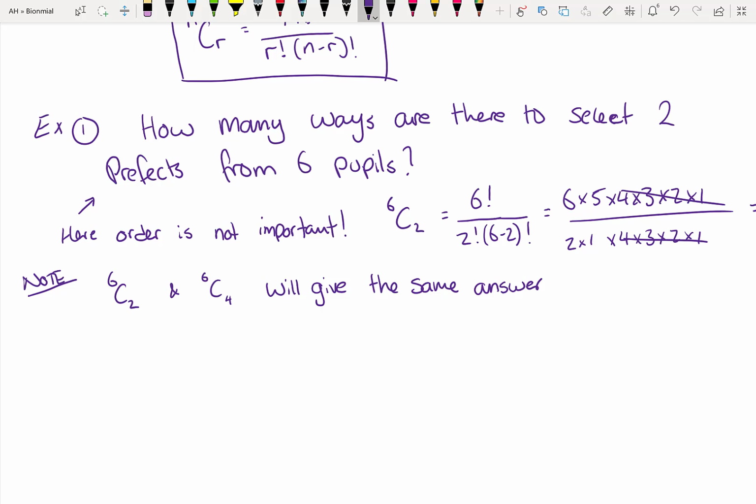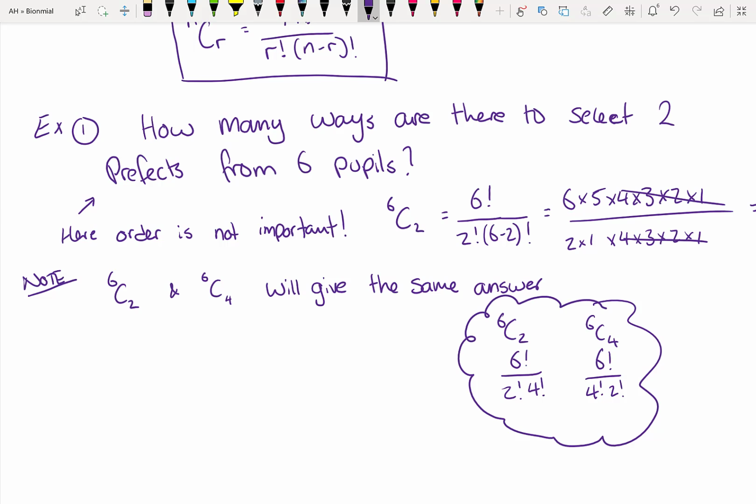So in picking out groups of 2, we are also accidentally picking out groups of 4 at the same time. In terms of our formula, 6 choose 2 is 6 factorial over 2 factorial, 4 factorial, and 6 choose 4 is 6 factorial over 4 factorial, 2 factorial. And so the numbers there turn out to give us the same thing.